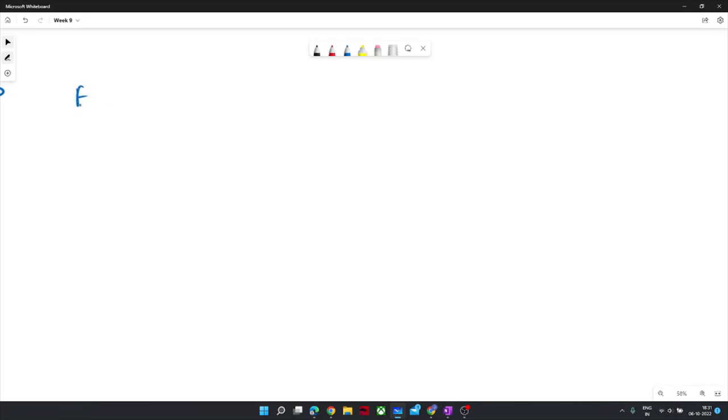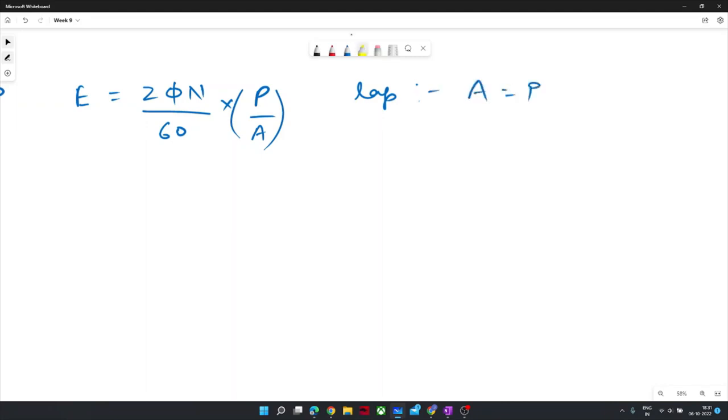We all know back EMF in DC machine is equal to Z phi N by 60 into P by A. Since it is lap connection, A is equal to P, so this will get cancelled out.